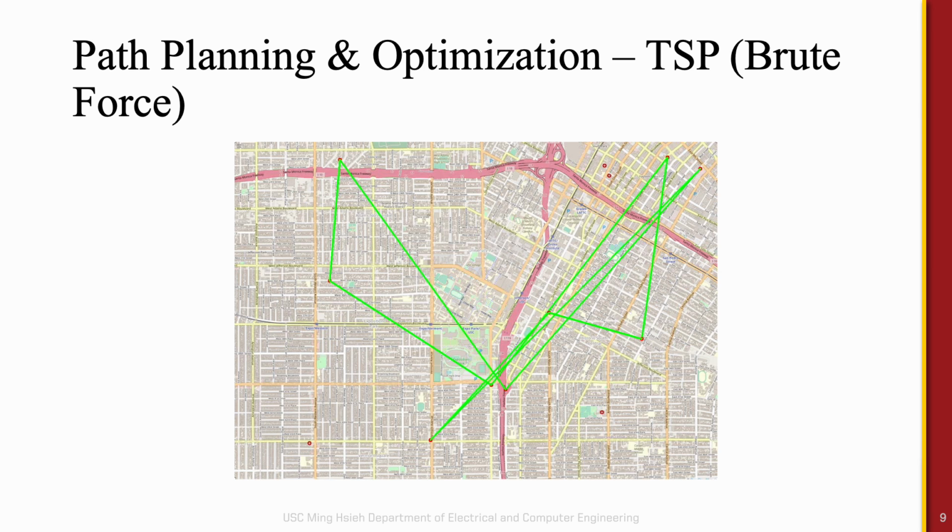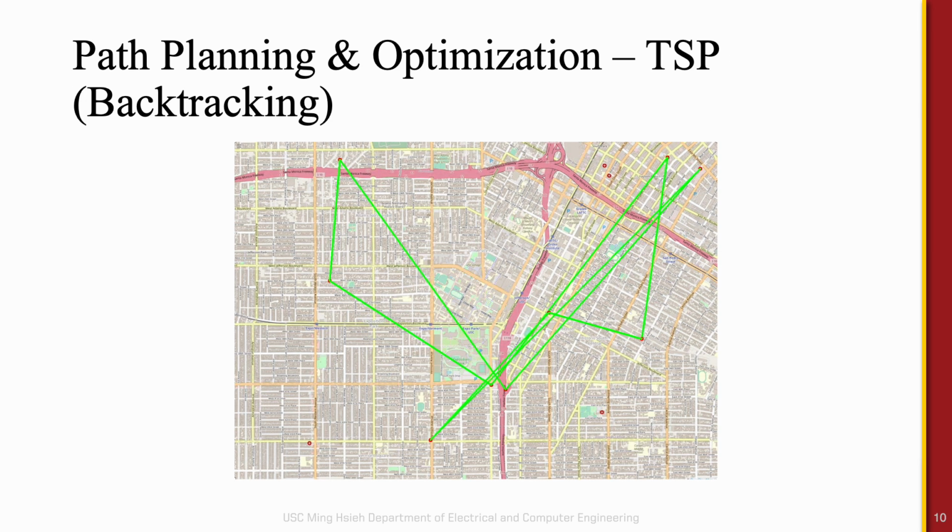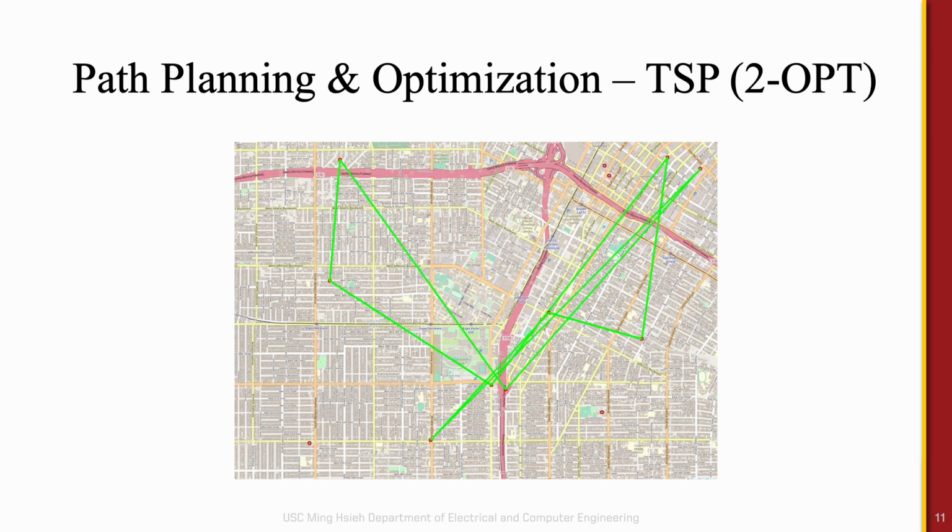So this is the brute force method. This is the backtracking method. This is the two-opt approach.